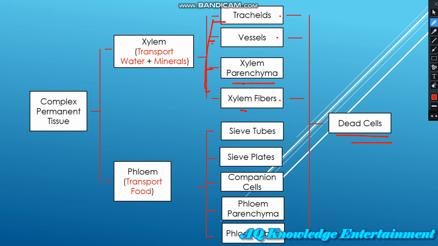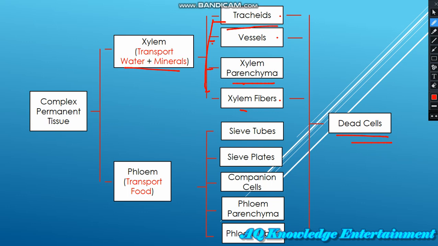Now the tracheids and vessels are tubular structures which allow them to transport water and minerals vertically. As we have studied in grade 8, xylem is for the transport of water and minerals. Now from where do you think the plants get water and minerals? It's obviously from the soil down, right? So what is present there? The roots.